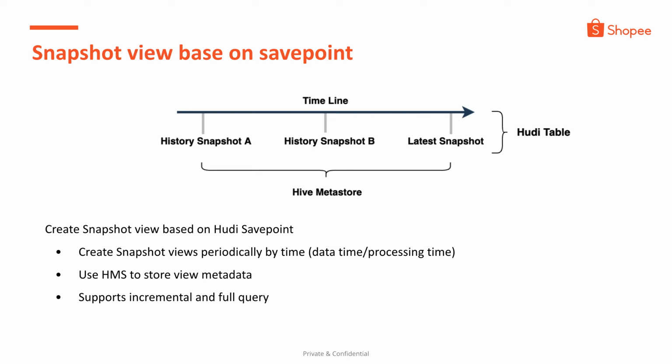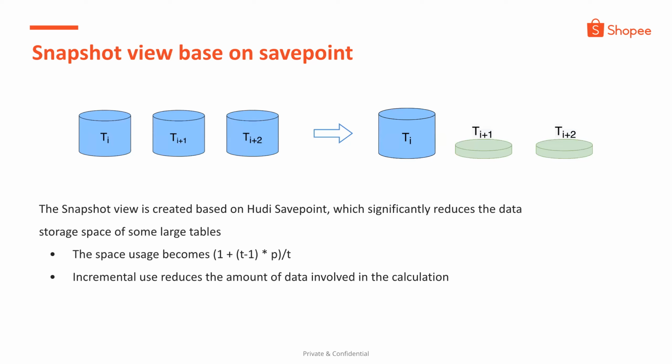Users can easily use SQL to access this data in Spark or Presto. Because this data is stored completely with no merge detail, it supports full-amount data calculation, and also supports incremental processing. Okay, next please.